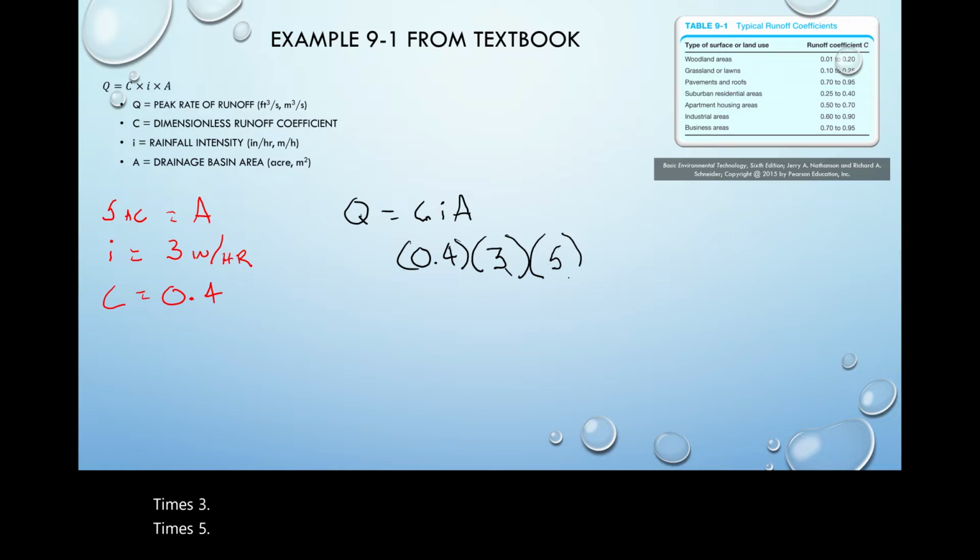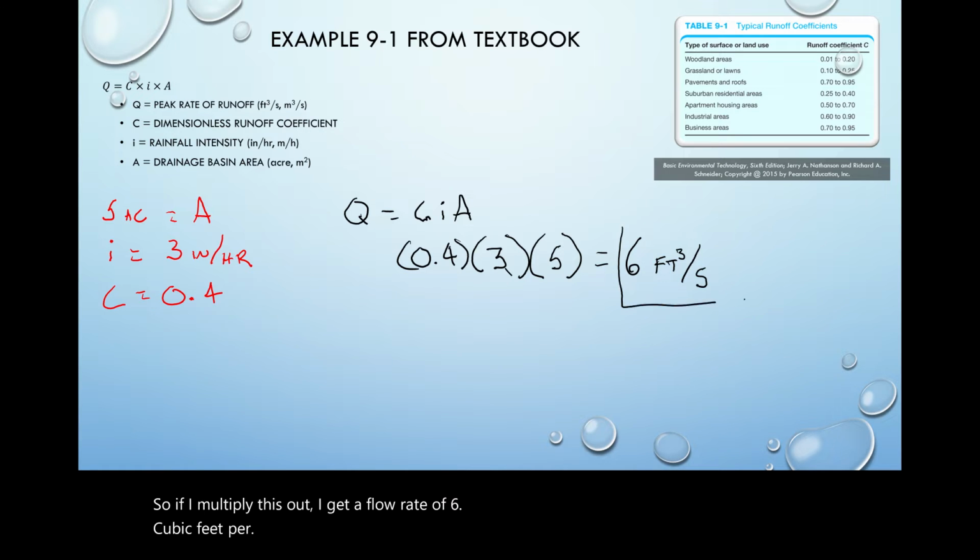If I multiply this out, I get a flow rate of 6 cubic feet per second, which is not a lot.